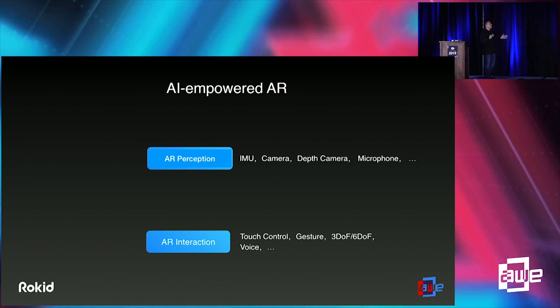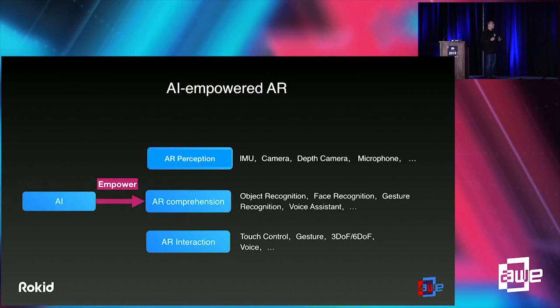So how do we combine these two together and build a useful app? We use AI. With an AI-empowered SDK, for example object recognition, face recognition, gesture recognition, and voice assistant services, the two parts, AR perception and AR interaction, can be combined together.